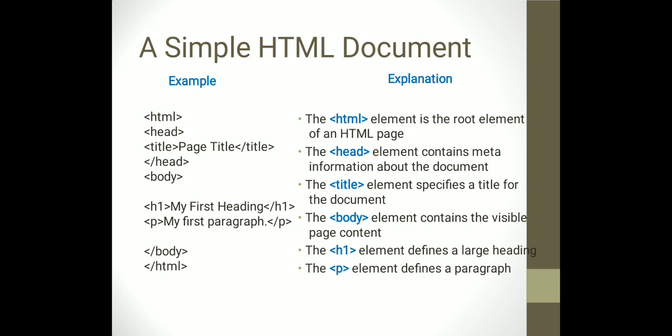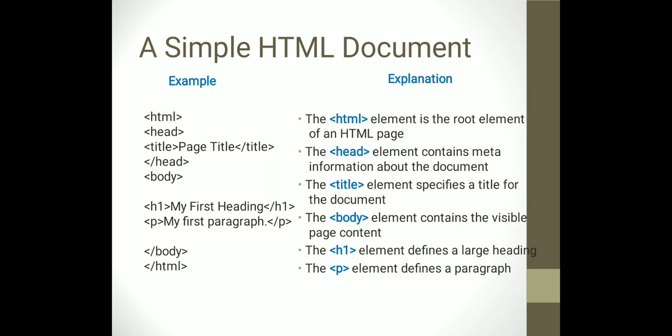Here we can see there is the HTML tag. This HTML element is the root element, and without this your HTML script cannot be complete. It should be your opening tag. Then the head tag: this element contains the meta information about the document.